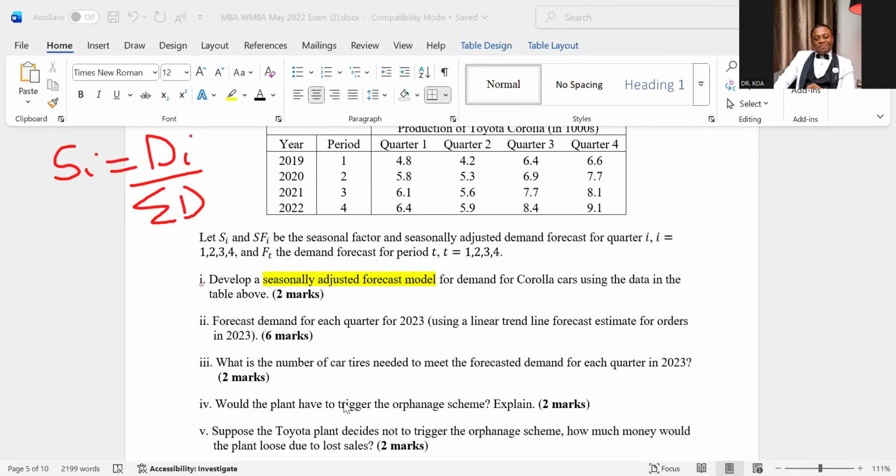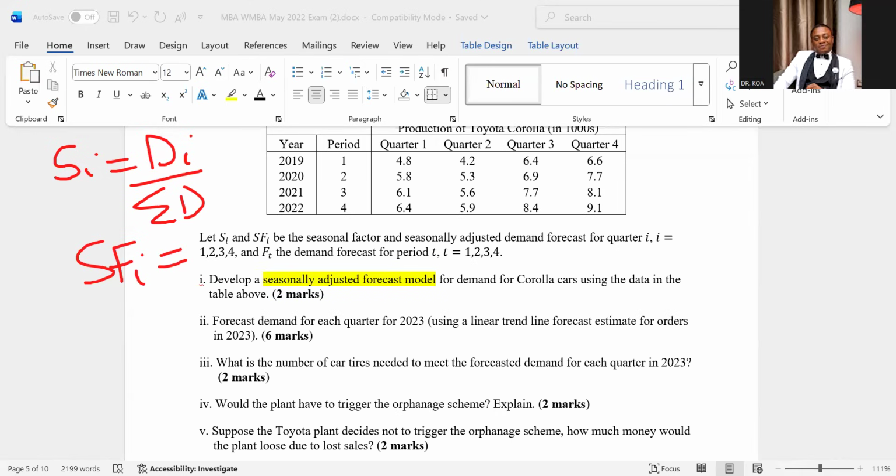So we got to look at the question. The question says, it didn't say calculate the seasonal factor, no, but it said develop a seasonally adjusted forecast model. Okay, but then it will require that you know the seasonal factor. That is why I have given you the formula for the seasonal factor. Okay, the next one is not the seasonal factor, but then the seasonally adjusted forecast for each quarter.